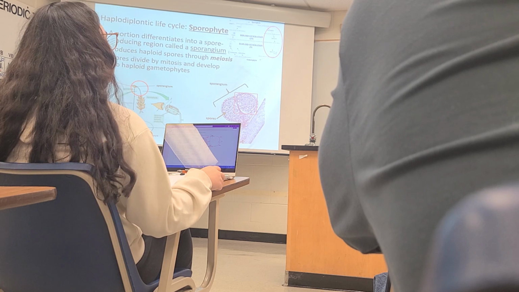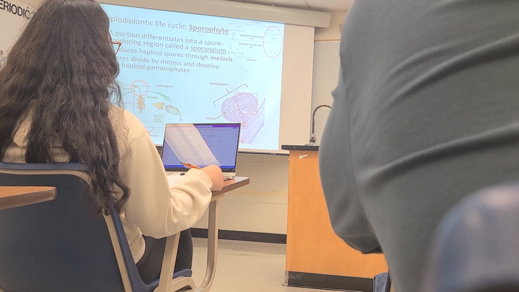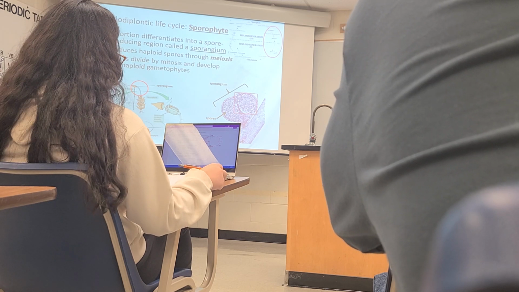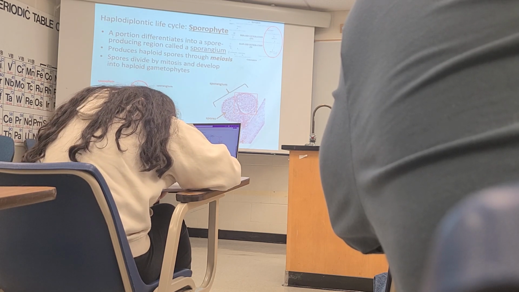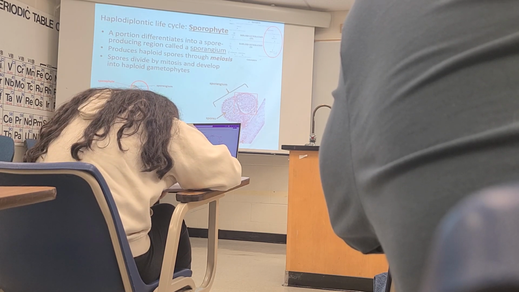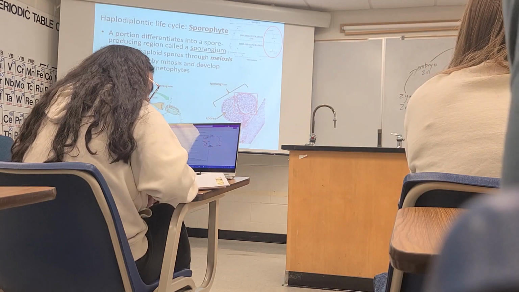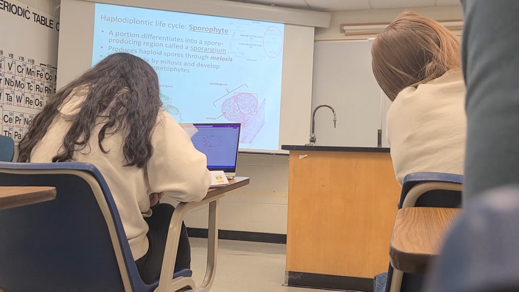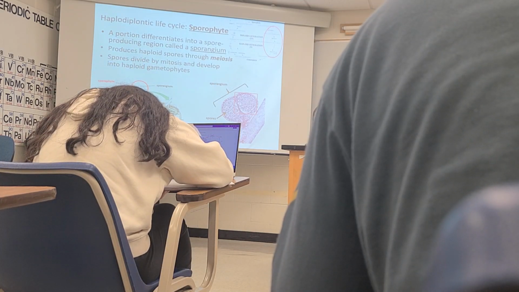If you're going from haploid to haploid, it is mitosis. Essentially what's happening here is you're going from a single cell, you're dividing that and growing, which is what mitosis is used for, to become something that's multicellular. Okay? And then here we're going from haploid to haploid. Mitosis. All right. So to make the gametes, we use mitosis.